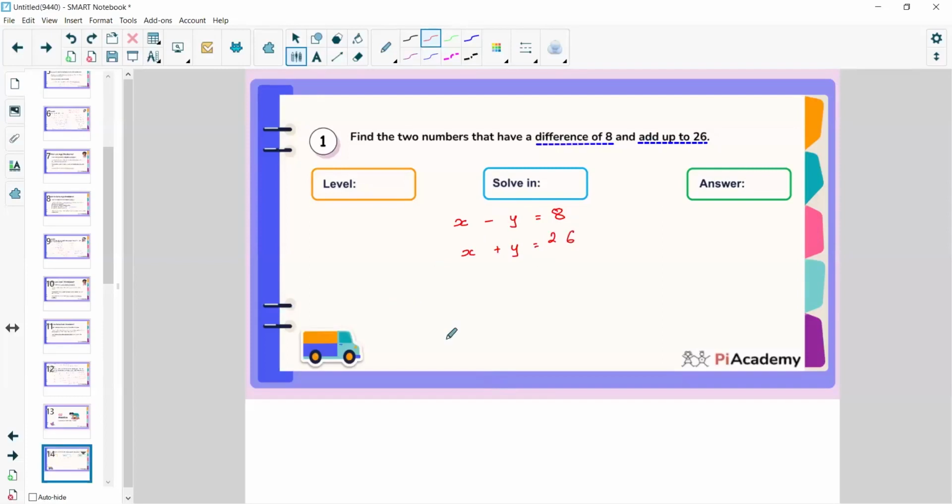Now, isn't this a simultaneous equation problem? Right? Now, what is our job? To eliminate one variable. How can I possibly eliminate one variable over here? How can I eliminate one variable?